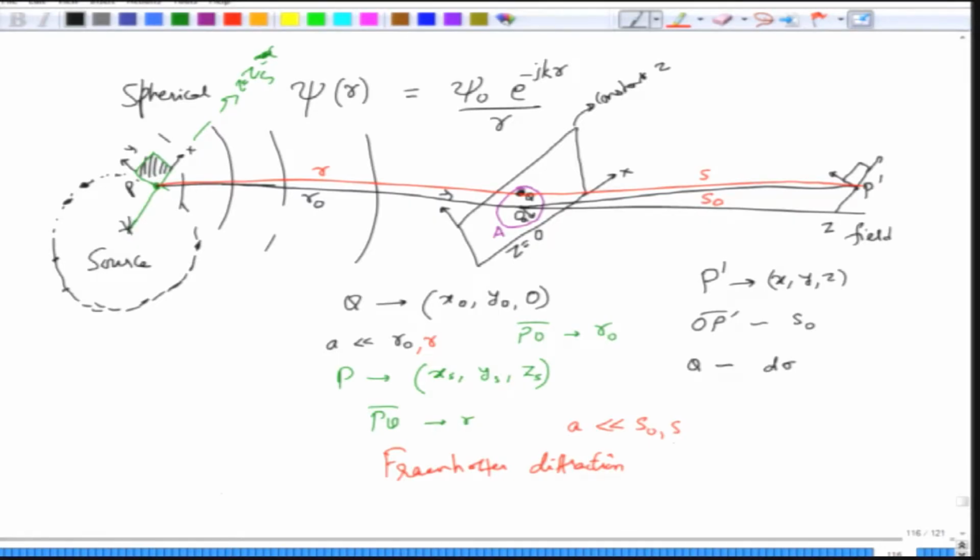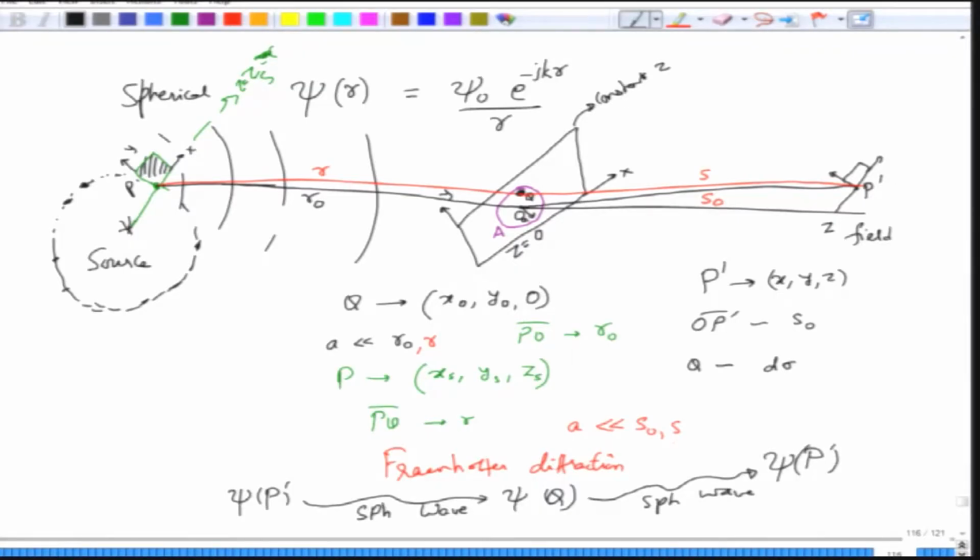First, the source at P would actually generate a spherical wave which would propagate and land at psi of Q. Okay. From psi of Q there will be a secondary wave which is also a spherical wave. So, psi of Q would also be a spherical wave. With this spherical wave as the kind of an input in some sense, you will then land up with the field at the point P prime.